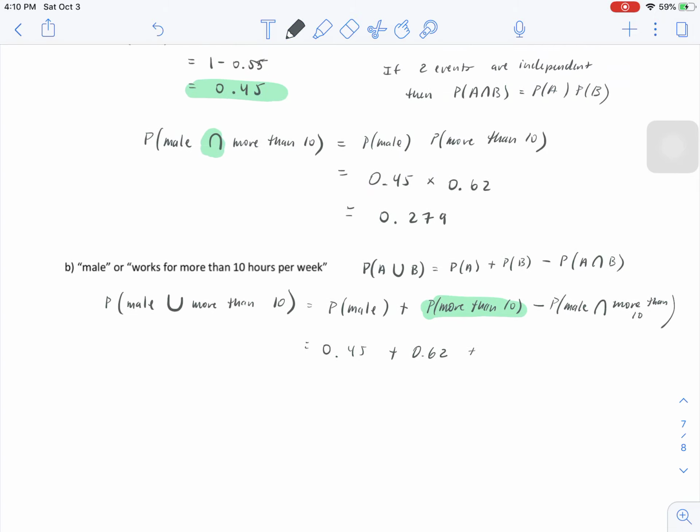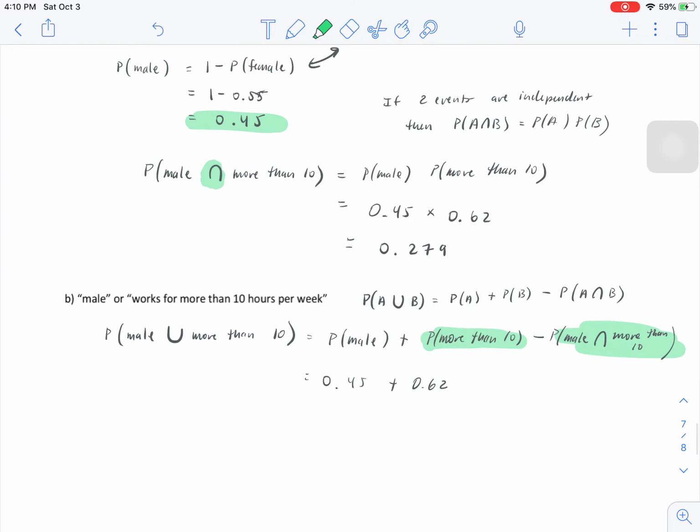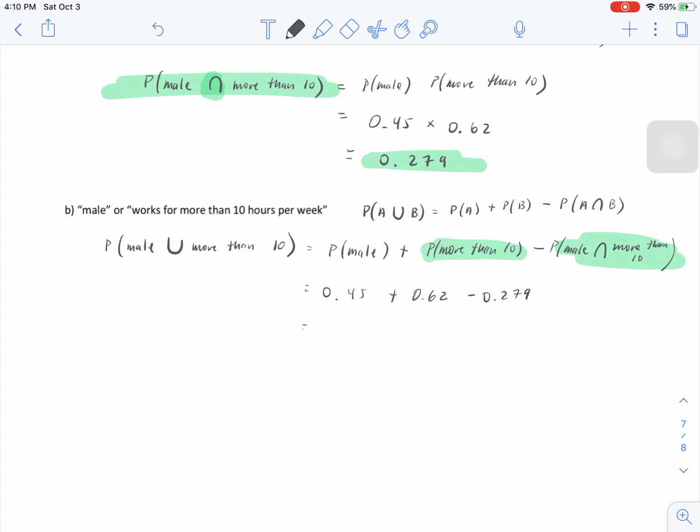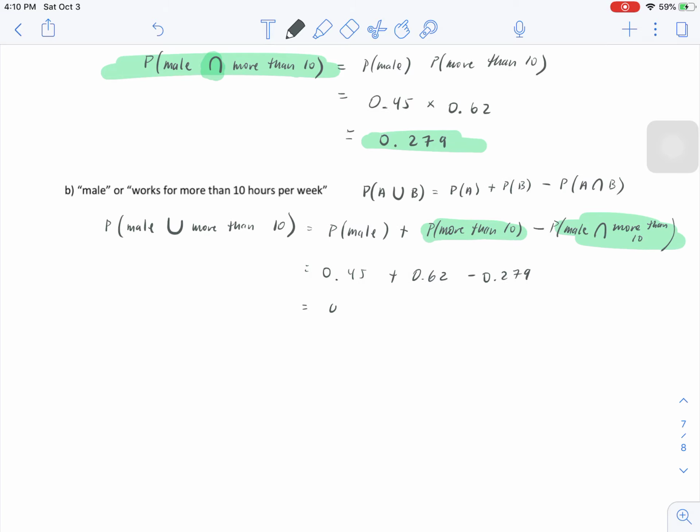And the probability that you're male and you work more than 10 hours is precisely what we calculated in part A, which was 0.279. So if I add up the first two and subtract the last, I plug that into my calculator and I should get 0.791. So there's about an 80% chance that a student is one of these two things, is male or works for more than 10 hours per week, or both.